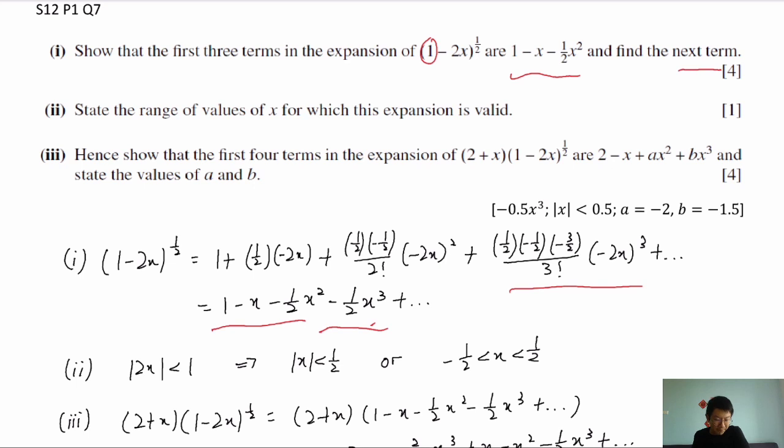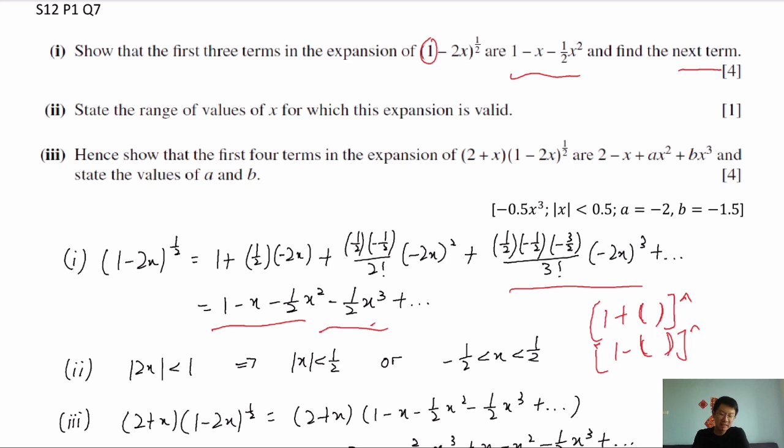For the second part, we state the range of values of x for which this expansion is valid. How do we state the validity? Whenever we have 1 plus something or 1 minus something in the expansion, for the validity we always take the stuff inside the bracket.